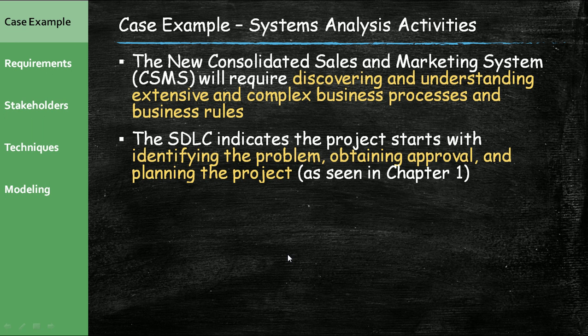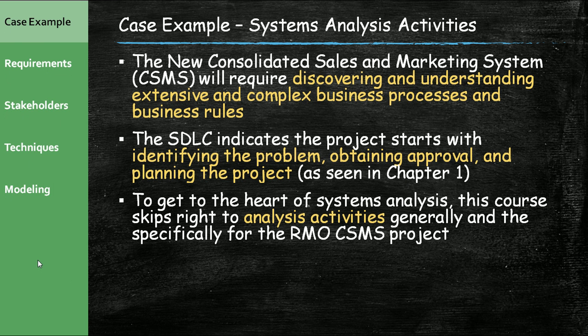In this course, instead, we are going to jump right into the analysis phase. So we're going to jump right into the analysis activities, so we can kind of hit the ground running. So again, we're kind of assuming that we have approval and all that stuff. And we'll talk a little bit more about stakeholders later on, because that is important in projects and to help ensure the success of your project.